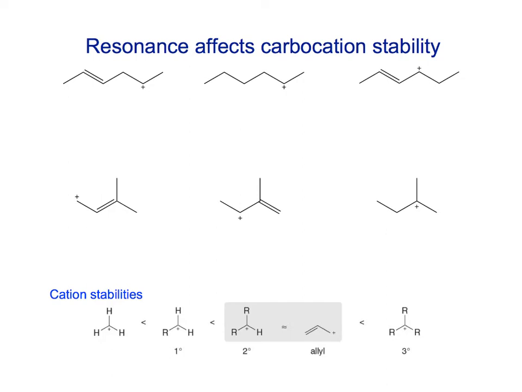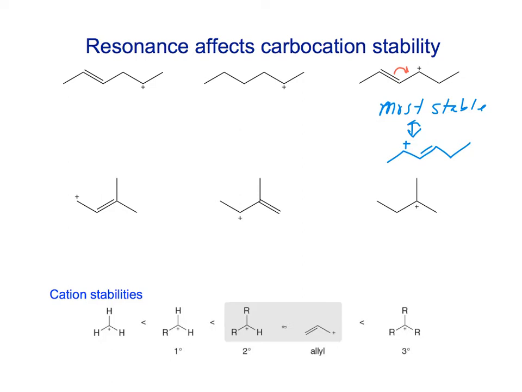So this one over here is going to be the most stable, because it has the carbocation on an atom adjacent to the pi bond. That allows those electrons to be delocalized, and so that plus charge is spread over two different carbons.